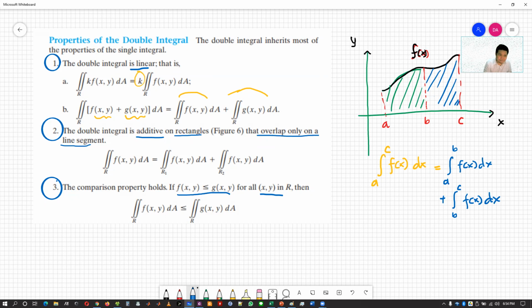So the double integral of f over the same region R is also less than or equal to the double integral of g. This is exactly the same comparison as in 1D. That's it, so we proceed.